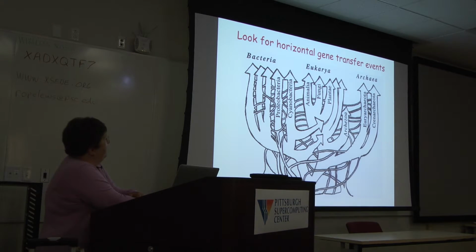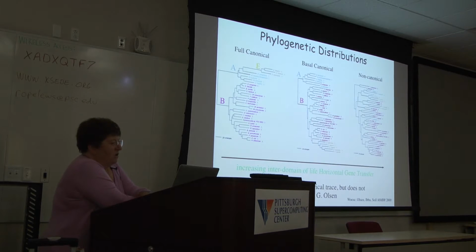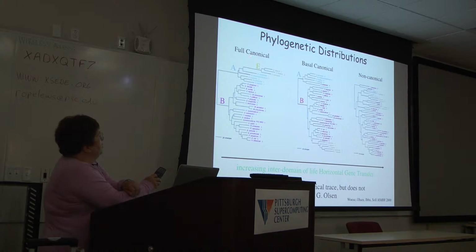And as I said, horizontal gene transfer has taken place. So sometimes the bacterial ones are the ones that you see in a eukaryotic system, or maybe these two have shared something. So think of that tree of life as having little connections or possible connections. In describing this variation, you often use the words full canonical, basal canonical, and non-canonical.